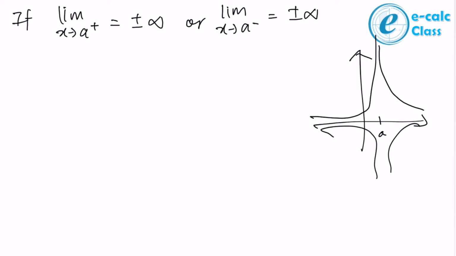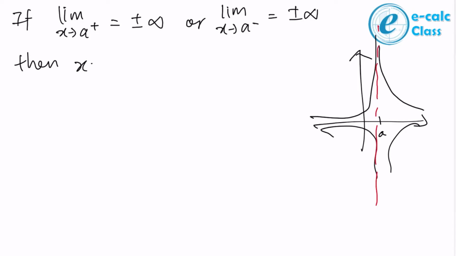If this happens, if any one-sided limit when x approaches that number a is infinity, then you have a vertical asymptote. Then what is the equation of your vertical asymptote? It's this one, isn't it?